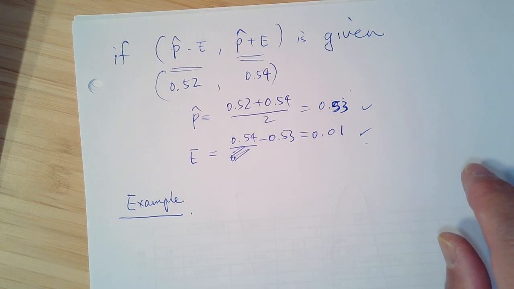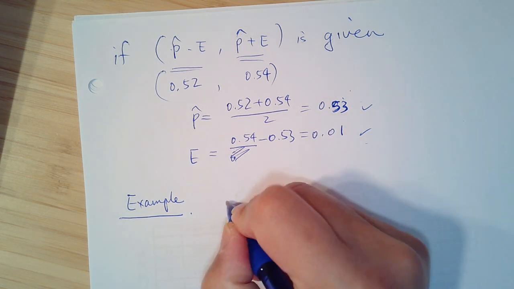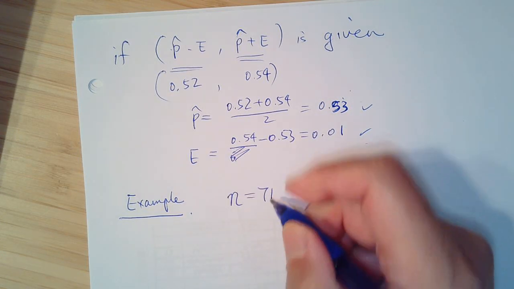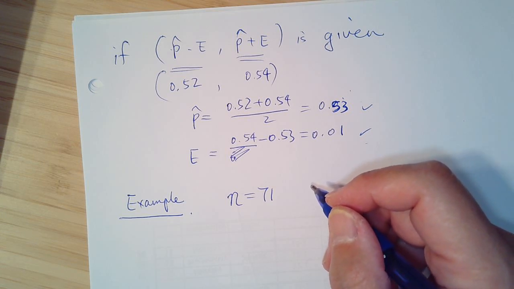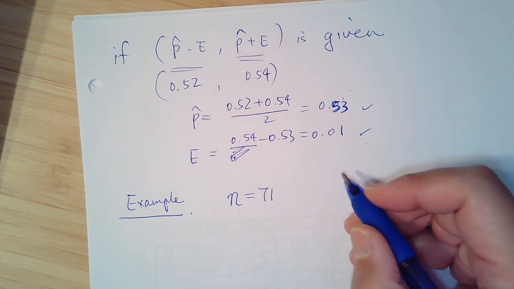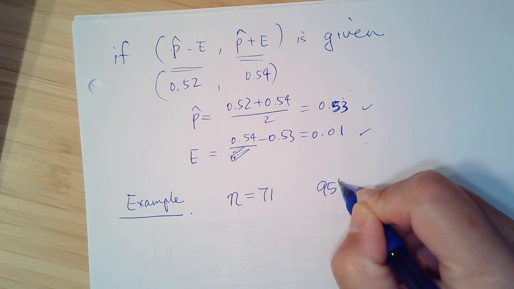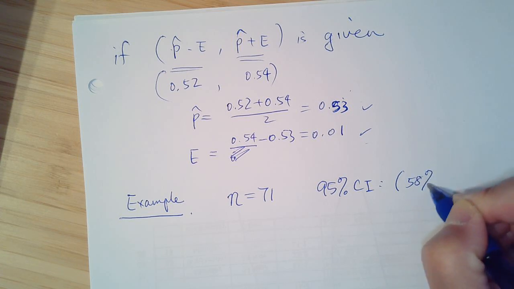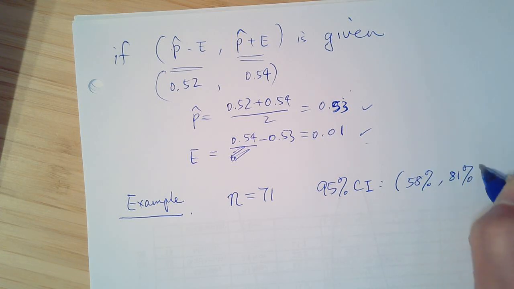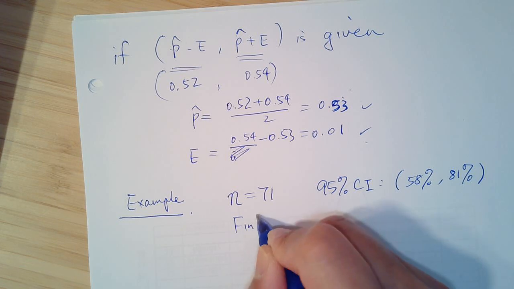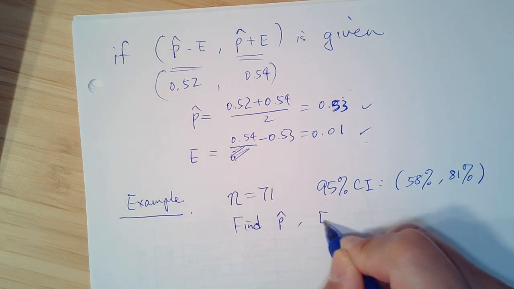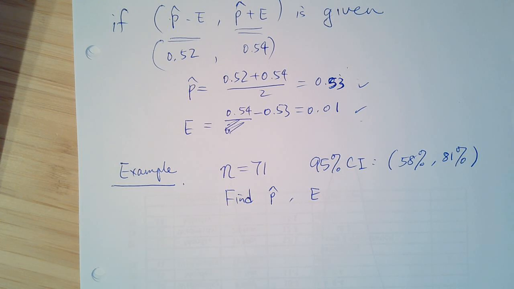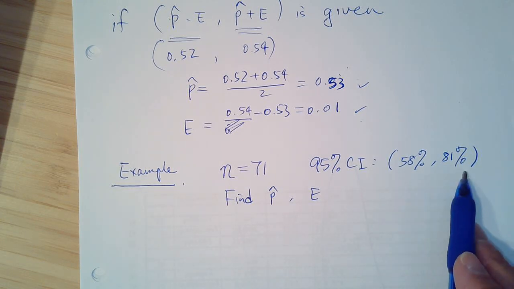Use that statement to find the point estimate P hat and the margin of error E. So n is 71. We have the lower limit and upper limit of the confidence interval.